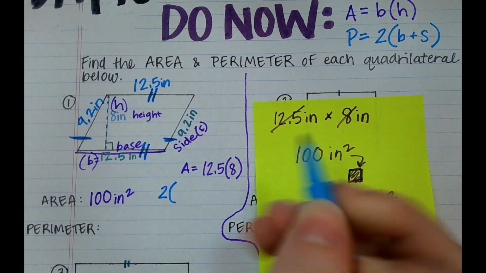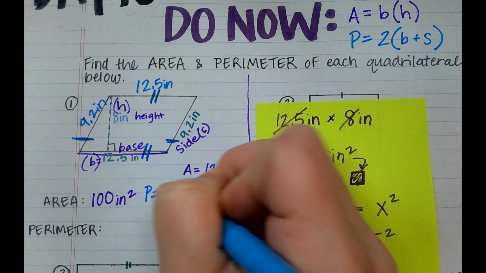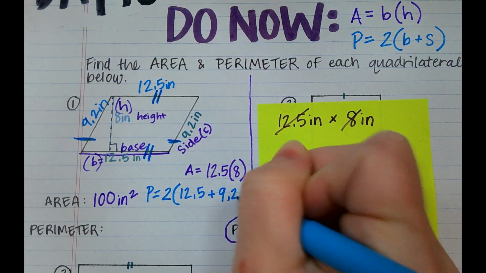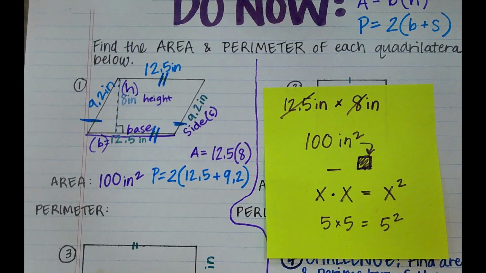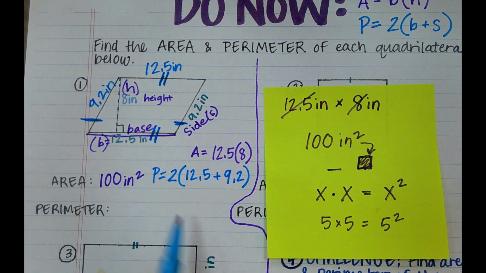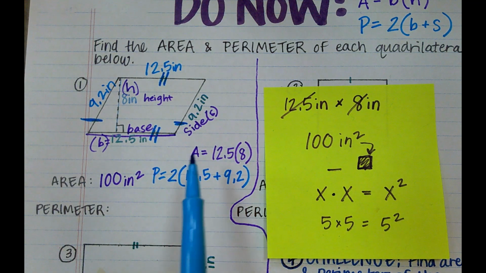So with that formula, what should I plug in? 2 times 12.5 plus 9.2. Good. Perfect. And in your calculator, remember, you can type this all in one go. Just don't forget parentheses. You have to type the parentheses in.